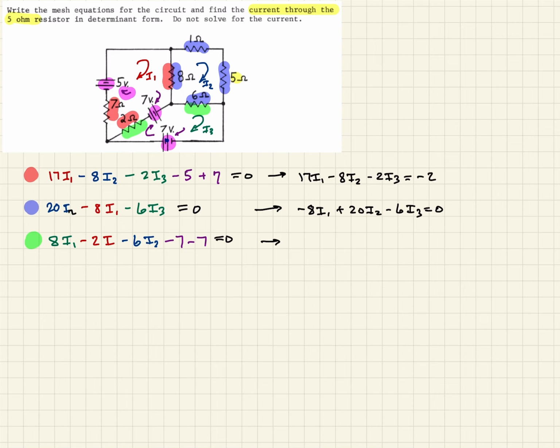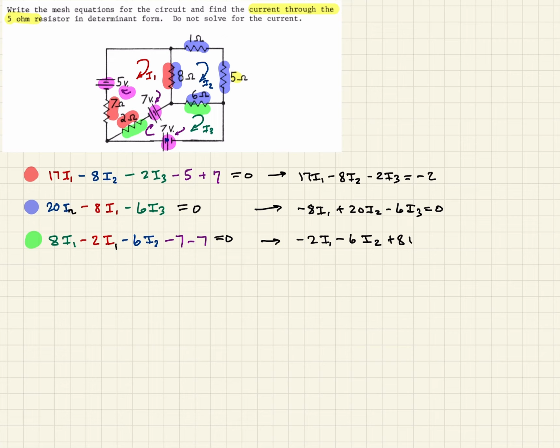And then finally on the last equation, we'll have -2I1, should be a 1 there, and then -6I2, and then plus 8I3, should be a 3, and that's all going to equal 14.